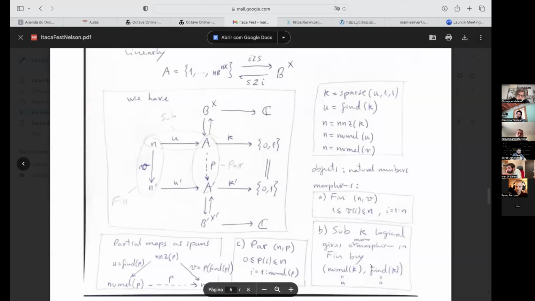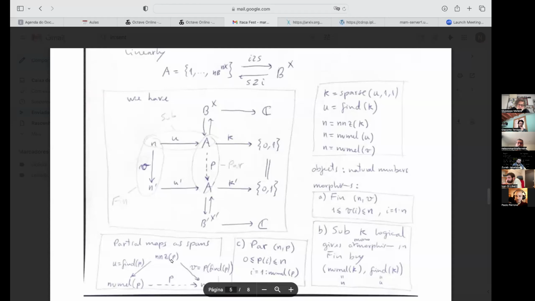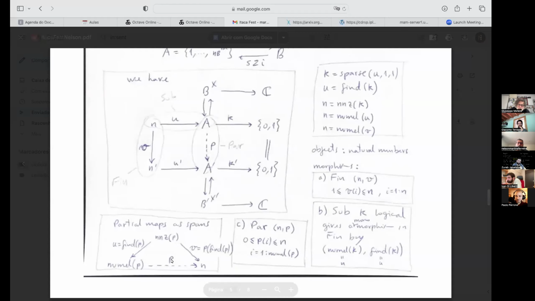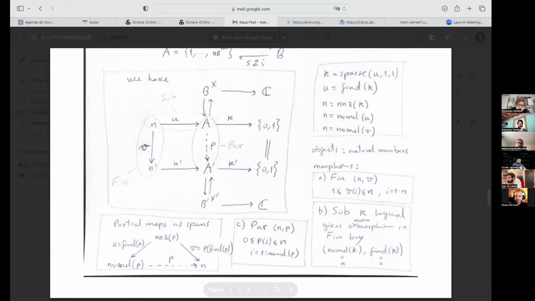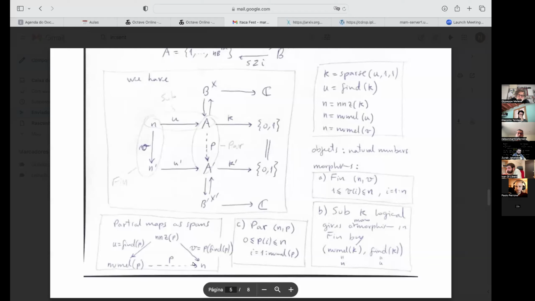Now, interestingly, the partial maps can be seen as spans, as usual, but also there are nice functions that we can use to model it. So for a partial map, which is just a vector with entries ranging from 0 to some number, the domain is the number of elements of P, and then it decomposes as a monomorphism and a morphism with this structure.